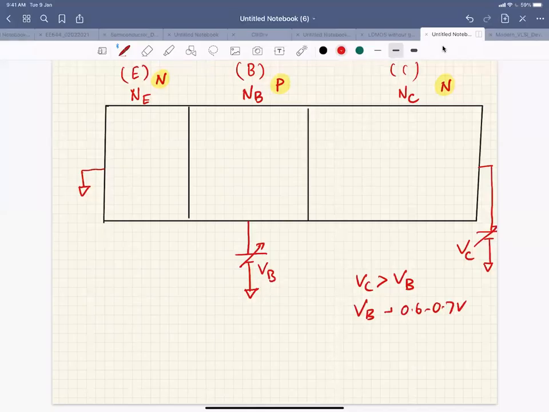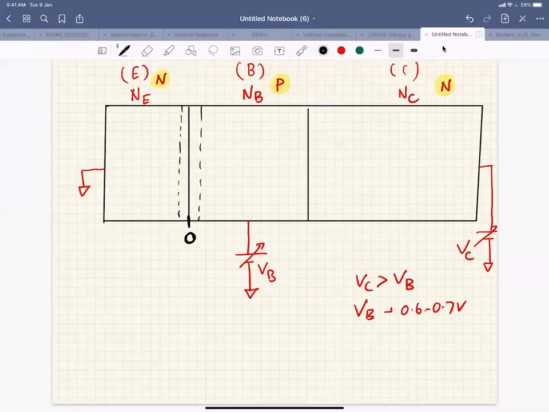Since the emitter base junction is forward biased, I have a depletion region here. Basically each junction has a depletion region. Let me just write on the depletion region here. For the derivation of the equation, let's put the emitter base junction at 0.